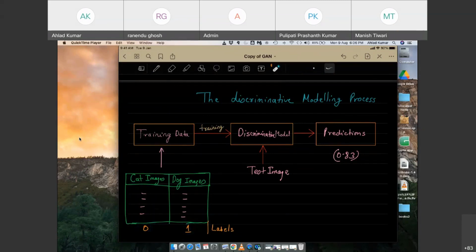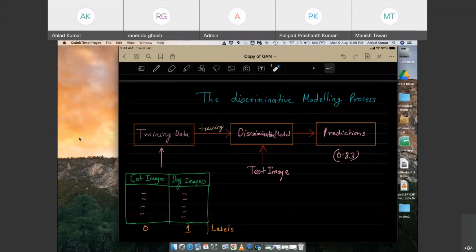So we are giving labels like cat is 0, dog is 1. Based on this training data set, where we have labels attached to the cat and dog images, we are training a model. This is a discriminative model, which can be a neural network, for example.